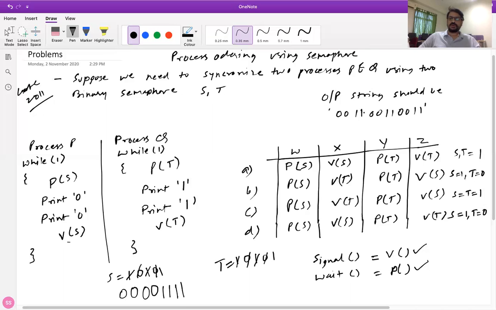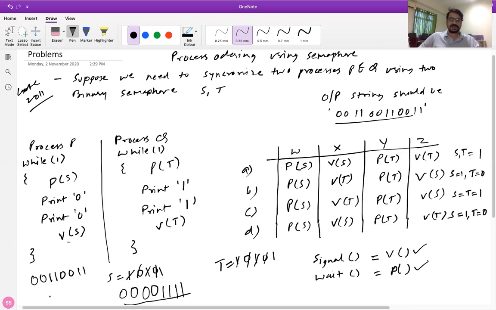So are we getting the pattern? Now here we can get this pattern, this pattern, as well as this pattern. It means that if I execute P, I can execute, and after that, if I want to execute Q, I can execute. If I execute P, it will become 0 0. If I execute Q, it will become 1 1. Again, if I execute P, I can execute.